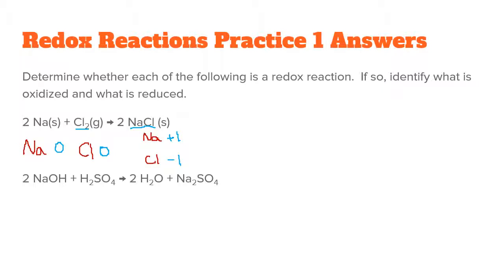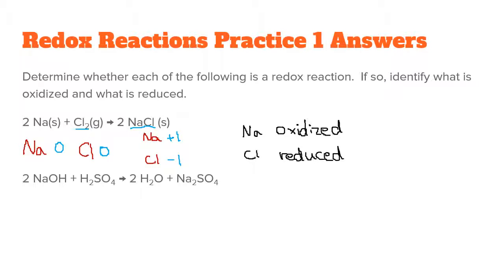Its oxidation number is increasing. That is to say, it's being oxidized. So we say sodium is being oxidized, and chlorine is going from a 0 to a -1 oxidation state. That's a decrease, so we say that chlorine is being reduced.